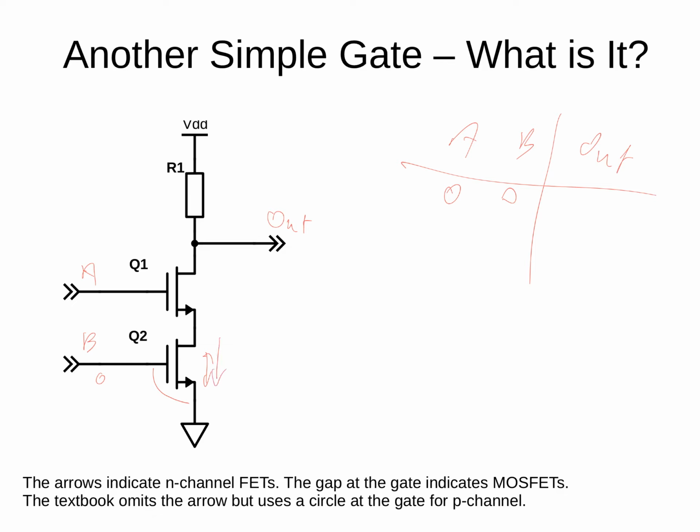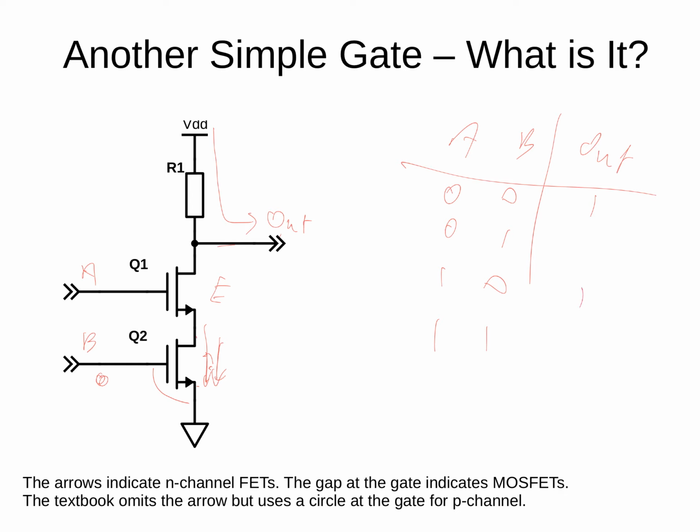So that actually means that it doesn't matter what this FET is doing. If the resistance from here to here is very high, current is not going to flow down here, and so the output is going to be high. So whenever the B input is 0, we see that the output's going to be a 1.